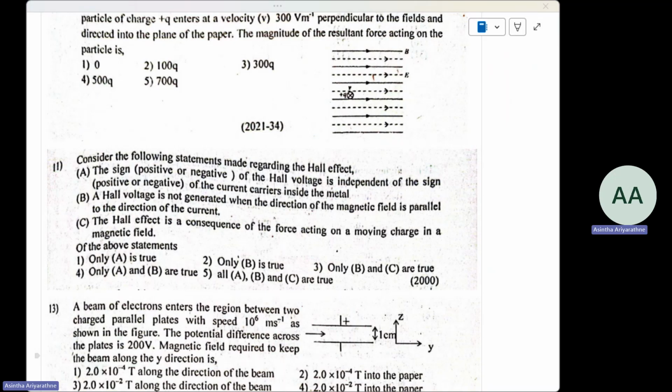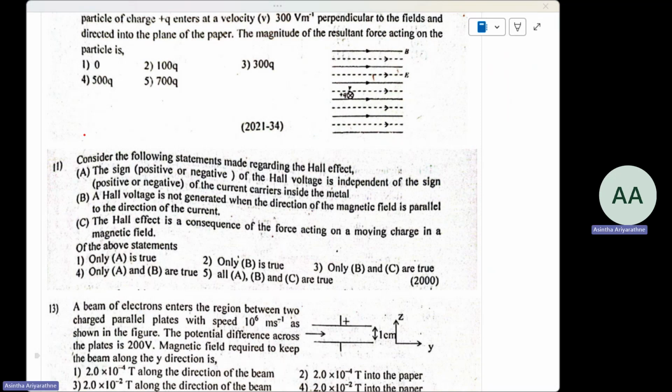The Hall voltage now goes from higher potential to lower potential, so downward. So the first statement is incorrect. The sign of the Hall voltage depends on the sign of the current carriers. It's not independent.